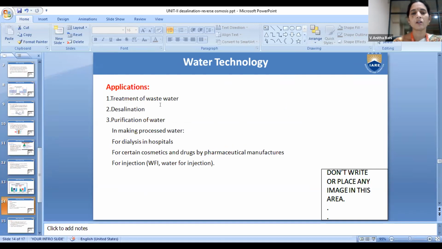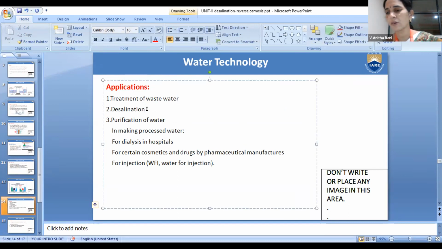See here. Wastewater also you can go for treatment by the RO method, reverse osmosis process, treatment of wastewater, and desalination. What is desalination? Removal of salts, like NaCl present in water.